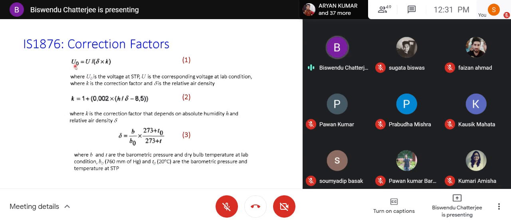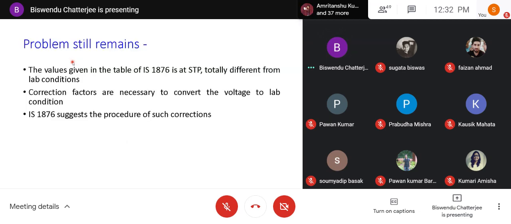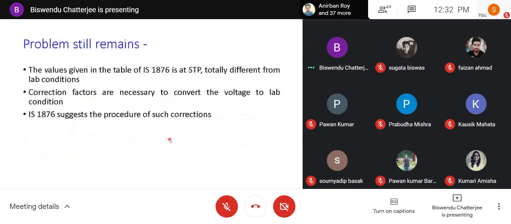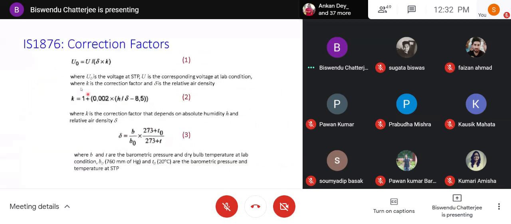First, formula 1 is U0 equal to U by delta into K. U0 is the lab condition. Here it is, suppose 31.7. Remember this value. I will put 31.7 here and I will get U at lab condition by dividing by delta into K. Now what is K? K is this formula, again H by delta minus 8.5 etc.